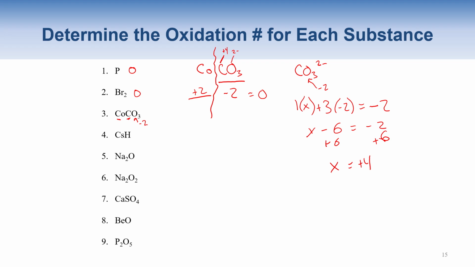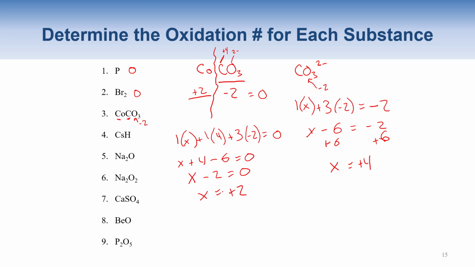If we have 1 cobalt, which we don't know, plus 1 carbon, which we determined to be +4, plus 3 oxygen, which is -2, and we set that equal to 0, we end with x plus 4 minus 6 equals 0, x minus 2 equals 0, x is equal to +2.